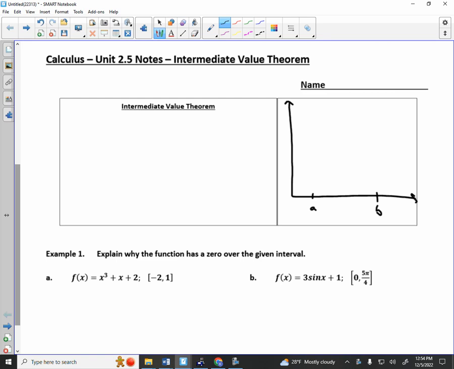And what the intermediate value theorem says is, suppose we have an interval of a to b. Now let's have a function that defines a value of f of a and another function that defines a value of f of b.